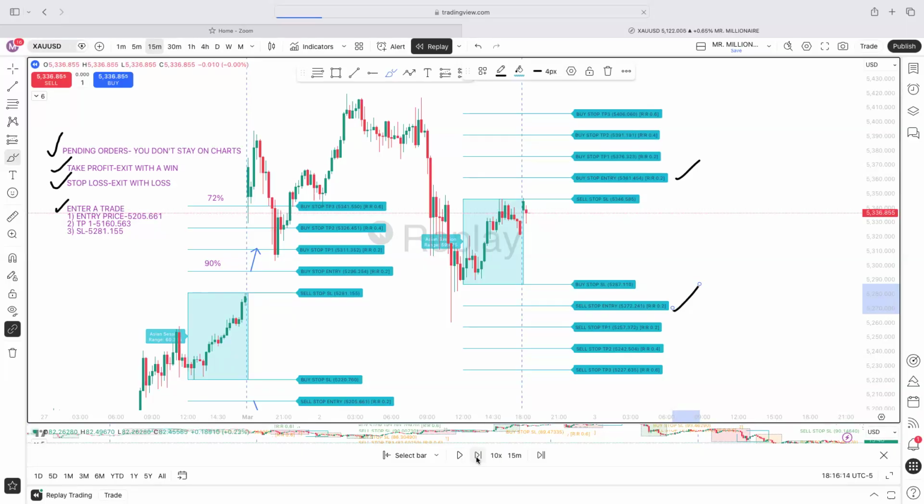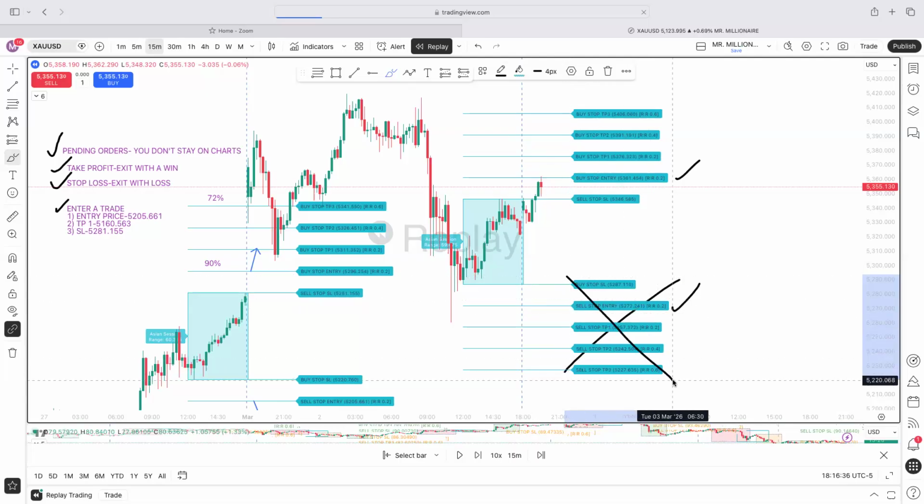Market moves, and as it's moving, I'm just going to go candle by candle. These are 15-minute candles. So as soon as the market hit this line and triggered your buy stop entry, you're going to get an alert, and we're going to go in and cancel out that sell stop pending order because we don't want the market to come back and put us into the sell.